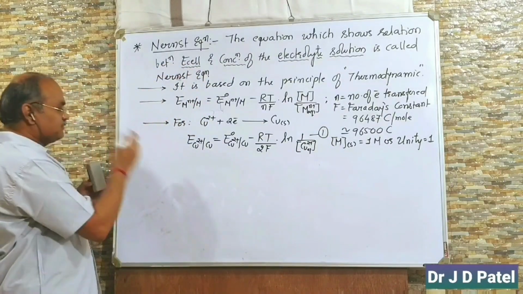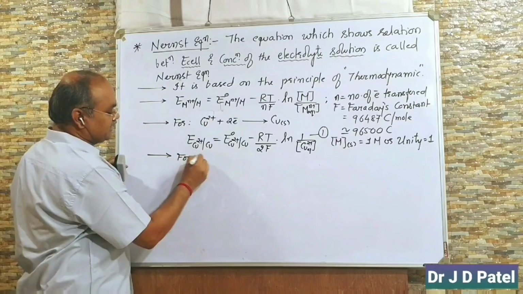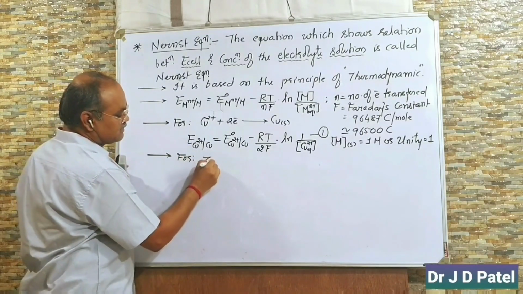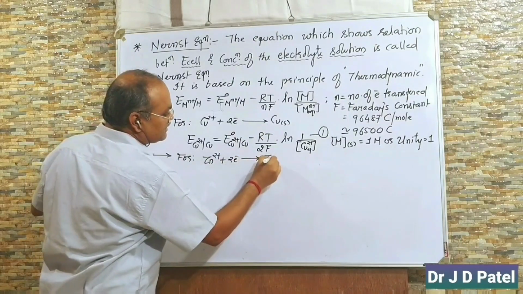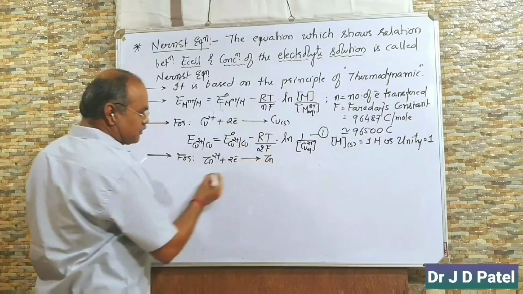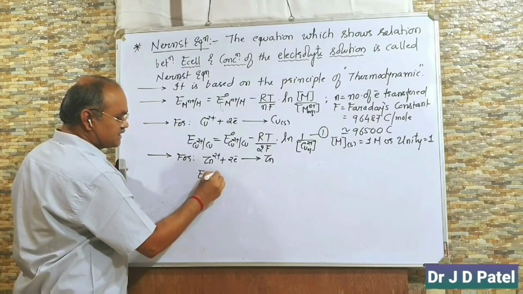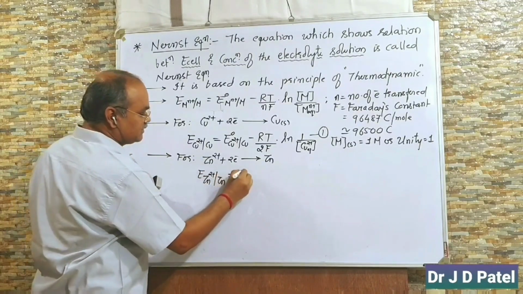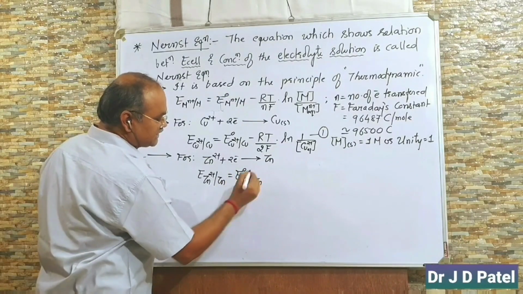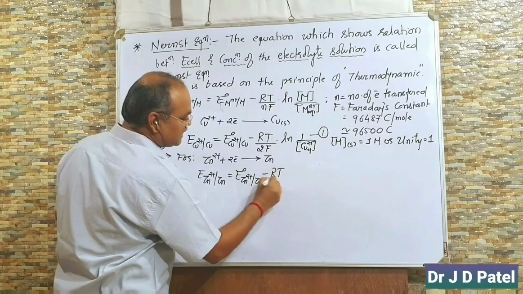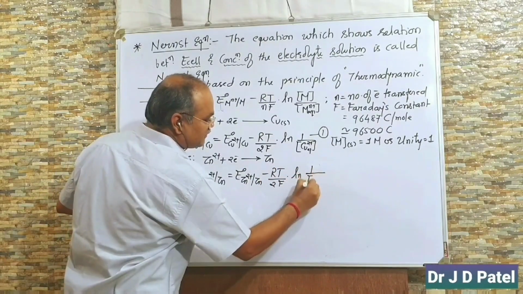I will take another example. Zn2 plus plus 2 electrons gives Zn. For this, what will be the Nernst equation? E of Zn2 plus oblique Zn is equal to E0 of Zn2 plus oblique Zn minus RT by 2F ln 1 upon Zn2 plus aqueous.